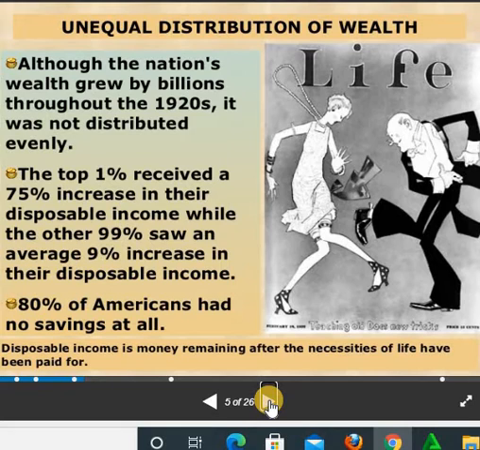However, an unequal distribution of wealth is one of the factors that led to the Great Depression.